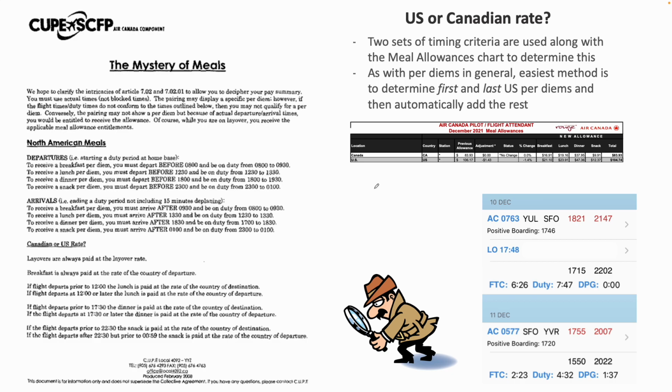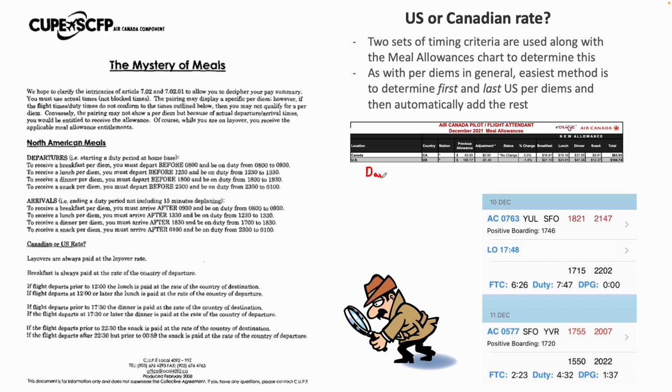But now we return to the second question of US versus Canadian rate. Now, just to fit in all the information needed to answer this question, I have cut out the day 1 portion of this pairing.